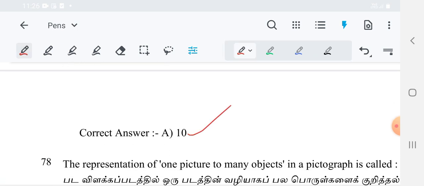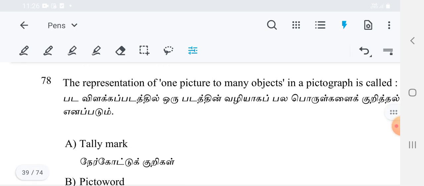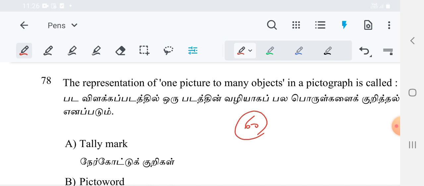Next one, the representation of one picture to many objects in a pictograph. Normally in school days, we know that to represent many objects, for example 60 children, in the pictograph we have to use one boy or girl, one student picture, for 10 students.